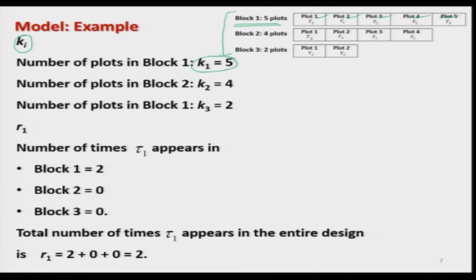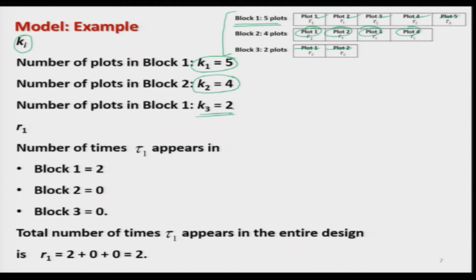Similarly, block number 2 has 4 plots, 1, 2, 3 and 4, so K2 is equal to 4. And block 3 has 2 plots, plot 1 and plot 2, so K3 is going to be 2. It is not very difficult to understand these values, right.